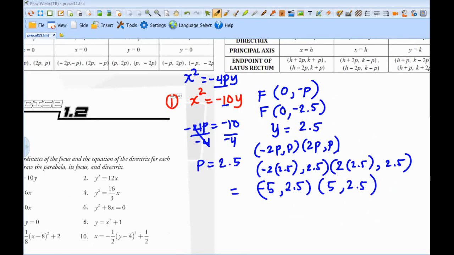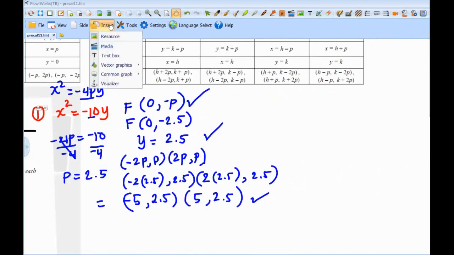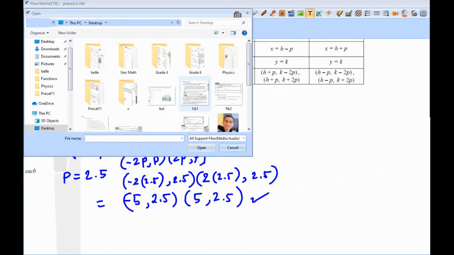So let us now graph. We have the focus, we have already the directrix, we have the lattice rectum. Okay, so let us graph now. We have to insert media, calculus.